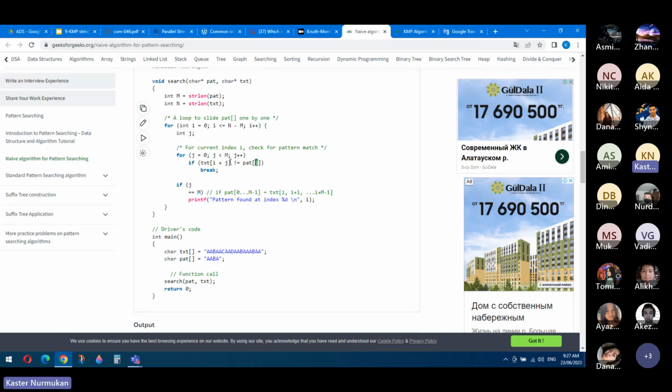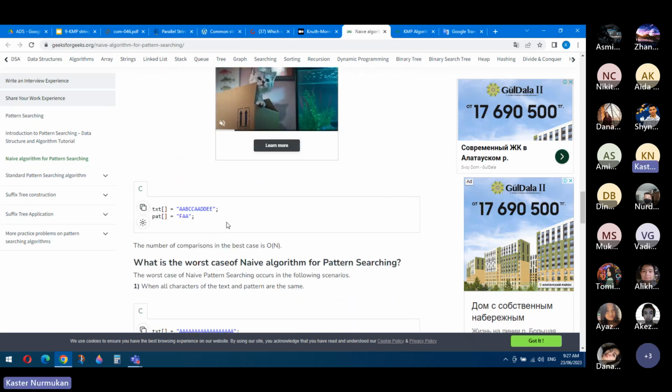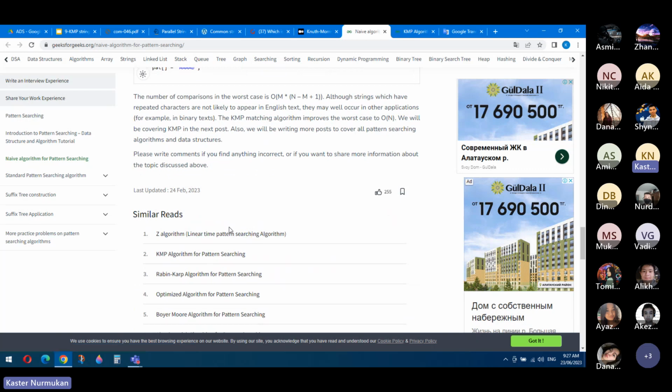The first one matches. Just keep moving. Second one matches, keep moving, keep moving. But this is M multiplied by N times. So that's the reason for quadratic time complexity, right?